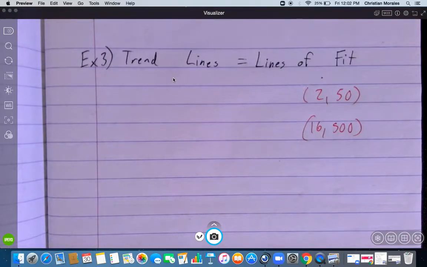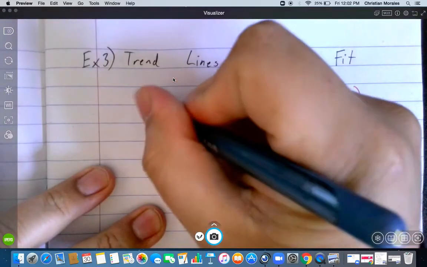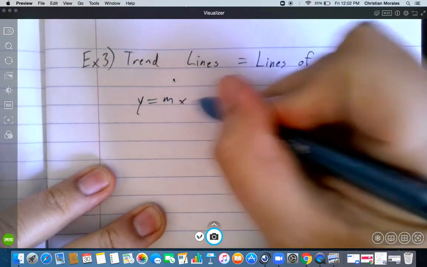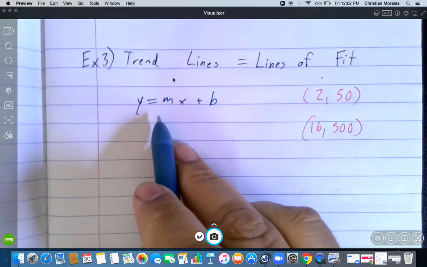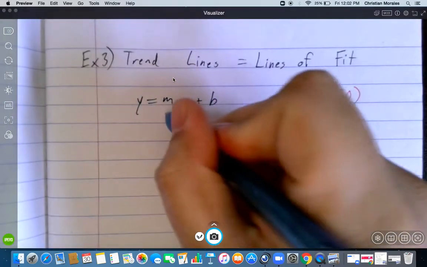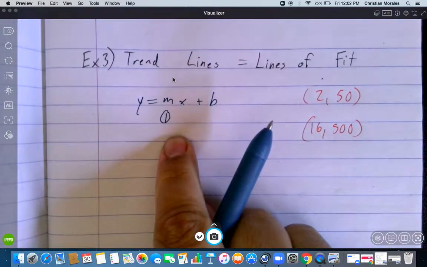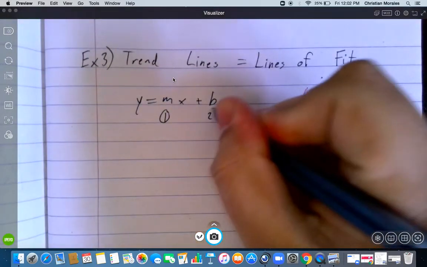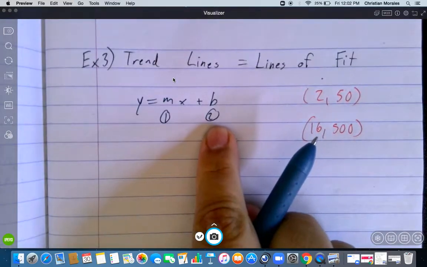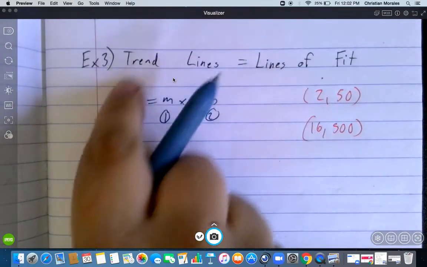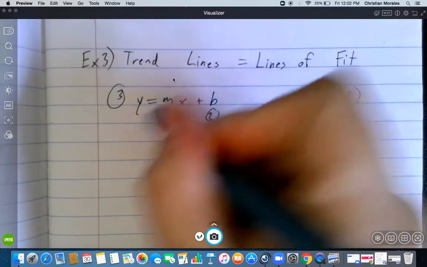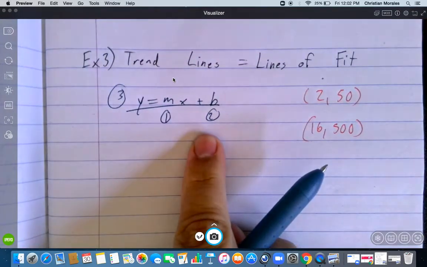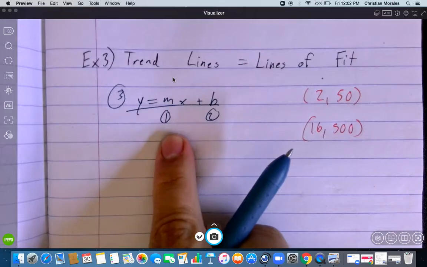If we're going to make y equals mx plus b, slope-intercept, the first thing we're going to do is find the slope. Then the second thing we're going to do is find the y-intercept. And then the third thing is we write the answer. Step number 3 is you write down the answer in this format. So we're going to start with number 1, find the slope.